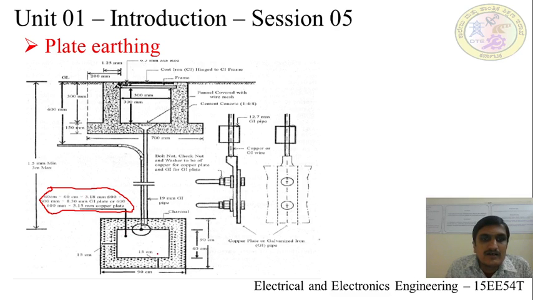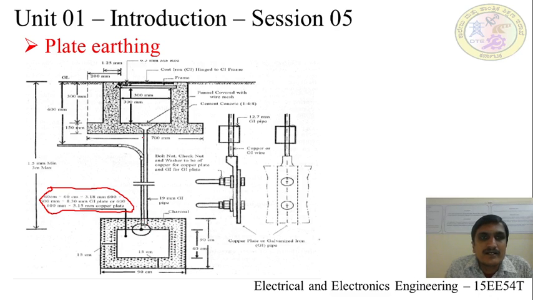This earth electrode plate is surrounded by alternate layers of charcoal and salt up to 15 centimeters to keep the earth resistance minimum.